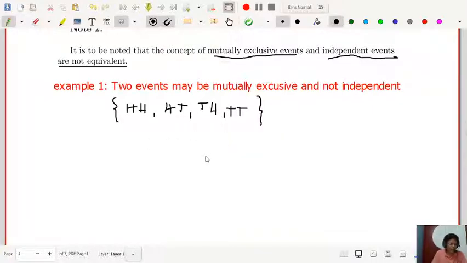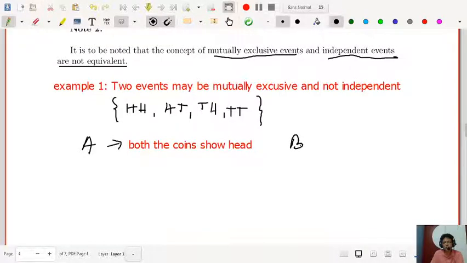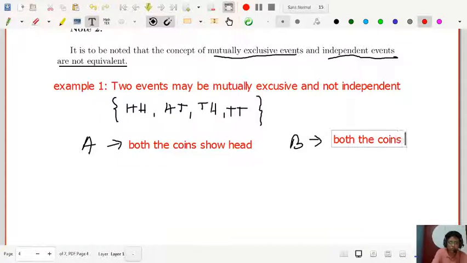Let me define event A: both the coins show head. And B is the event both the coins show tail, right?